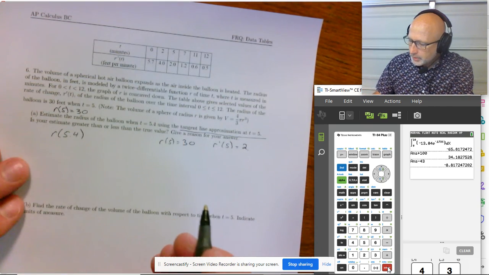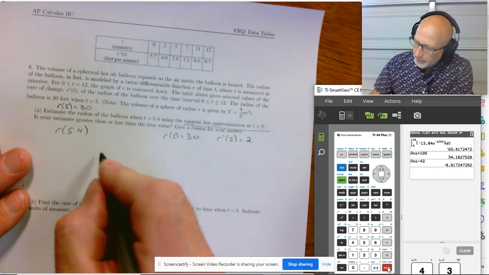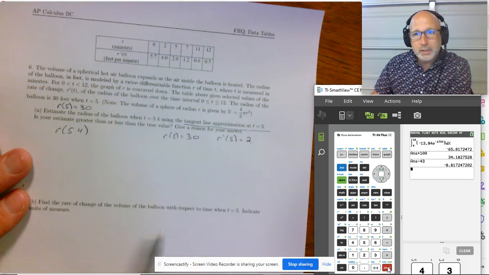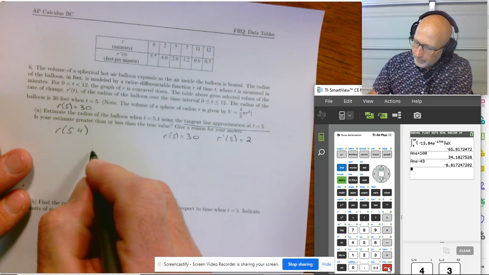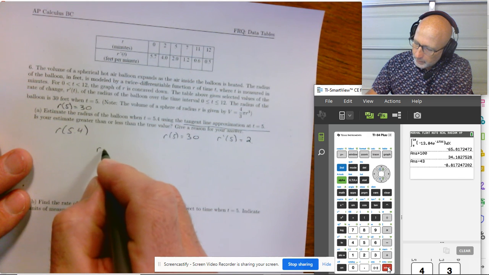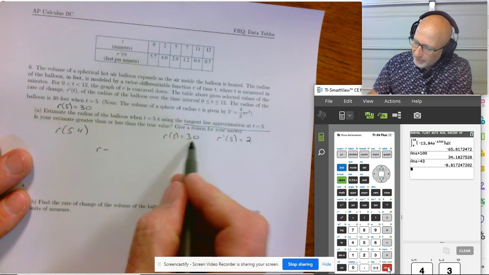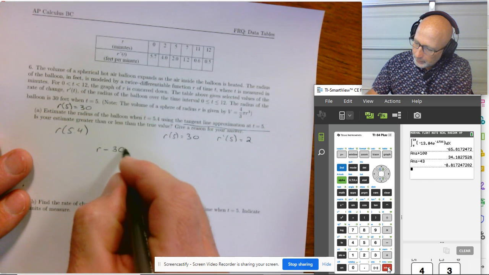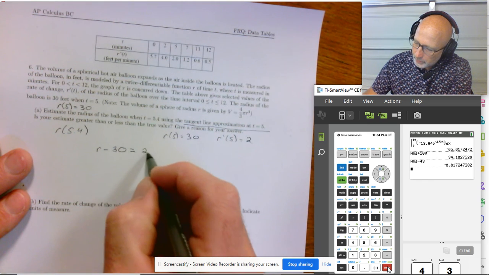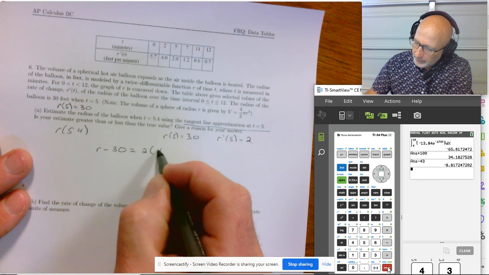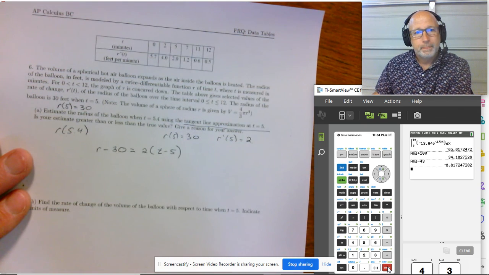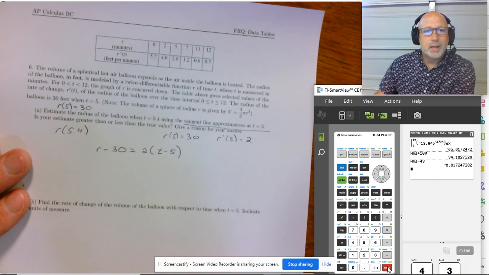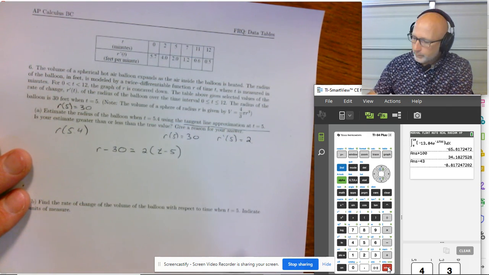So you have an equation, and what are my two variables here? r and t. So I have r minus 30 is equal to the slope, 2, times t minus 5. So that's the tangent line at t is equal to 5.